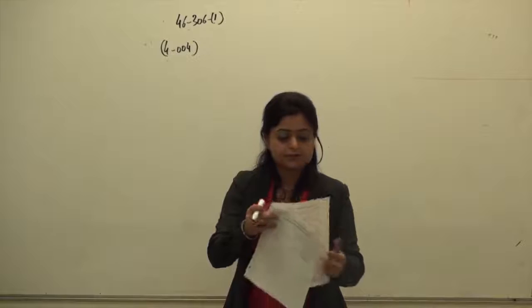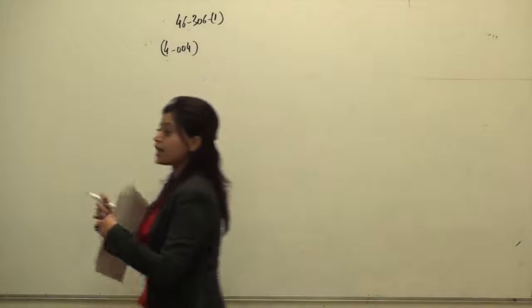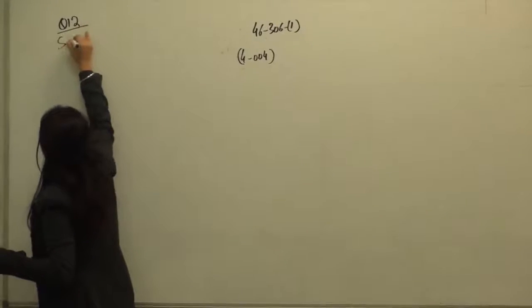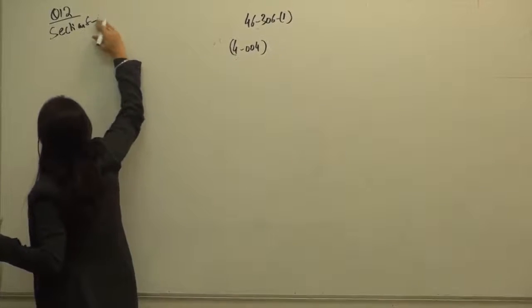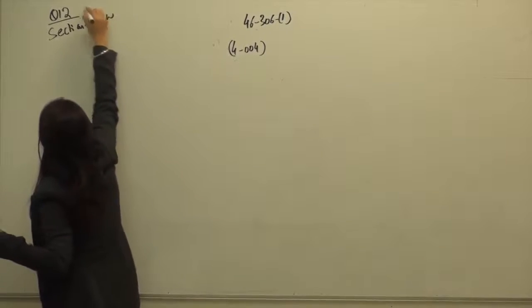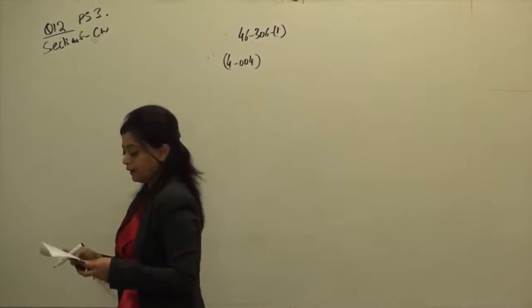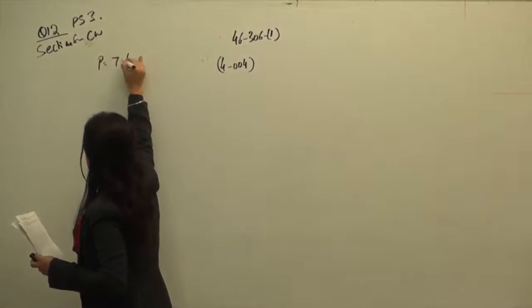So for now, I'm just gonna use question 12 or try doing question 12 on the board, which is on section 8 classwork, page 53. Okay? I am given percentage drop is 7%.